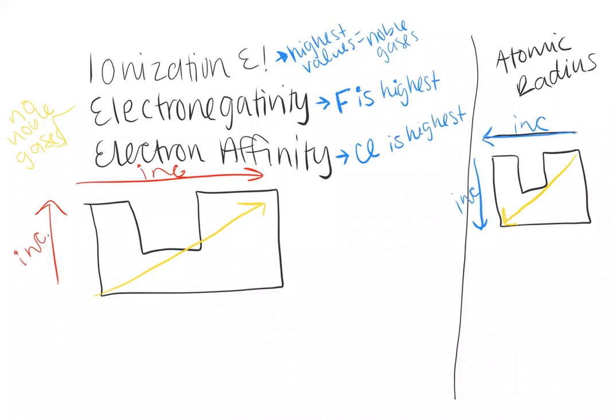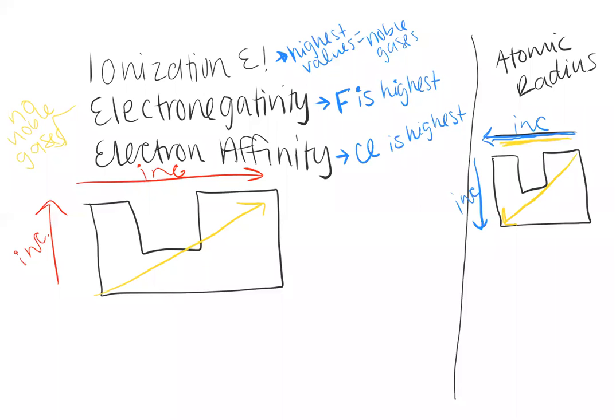As we move to the left across the periodic table, we have fewer and fewer electrons and fewer protons overall. What matters the most here is the change in the number of protons. Remember, the protons are represented by the atomic number.